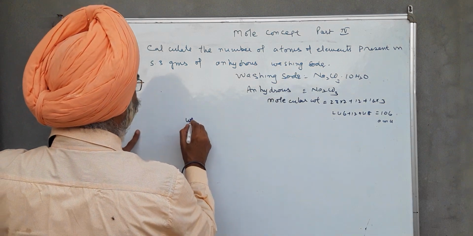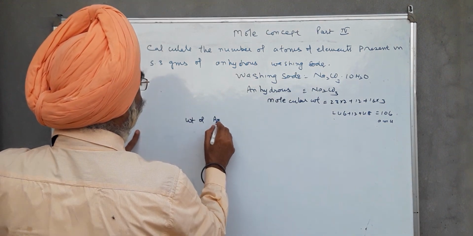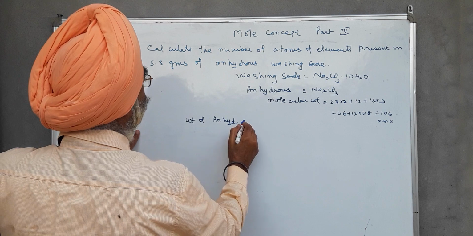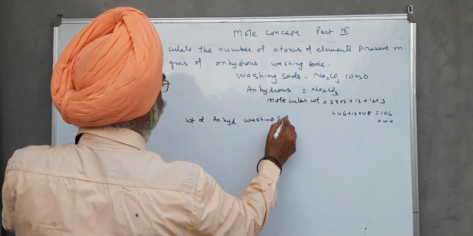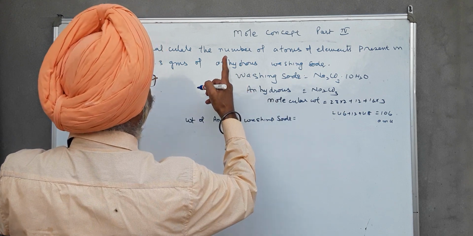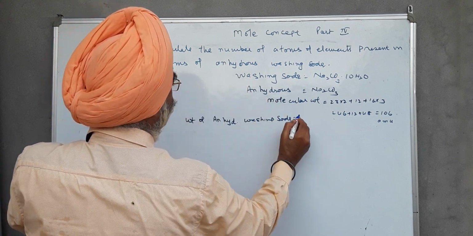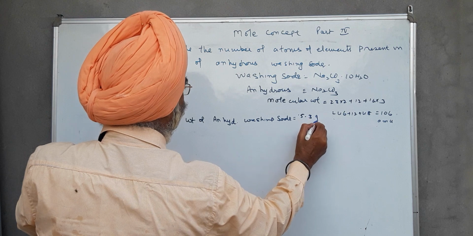The weight of anhydrous washing soda is 5.3 grams.